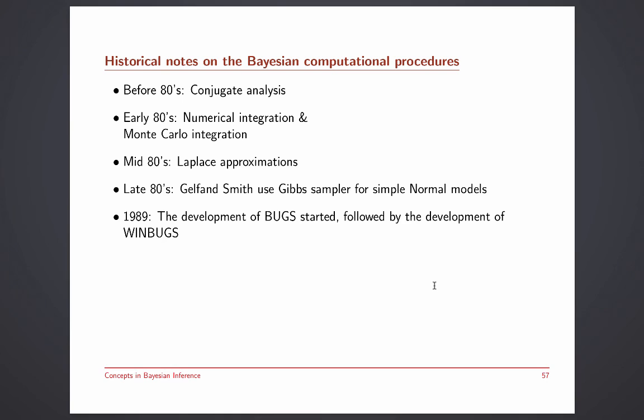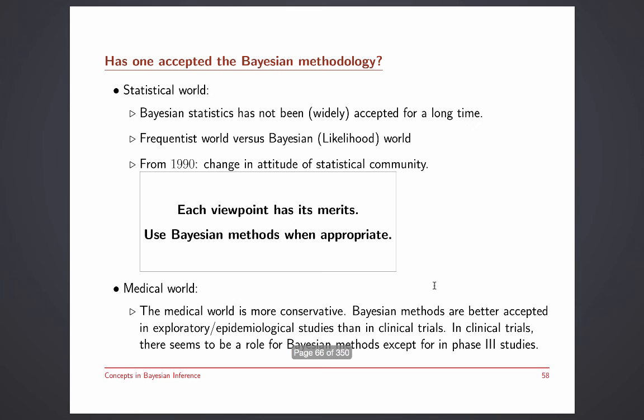In the early 80s, numerical integration and Monte Carlo integrations were developed, later on the Laplace approximations, and in the late 80s, the Gibbs sampler. The development of the Gibbs sampler, and especially the development of software called BUGS, has resulted in a growth of the use of Bayesian methods.